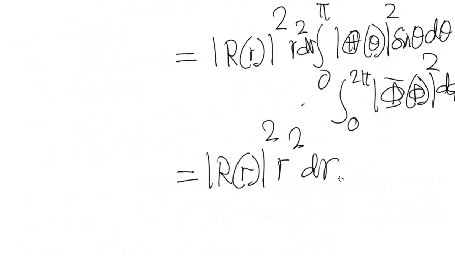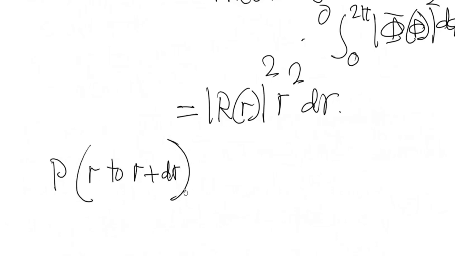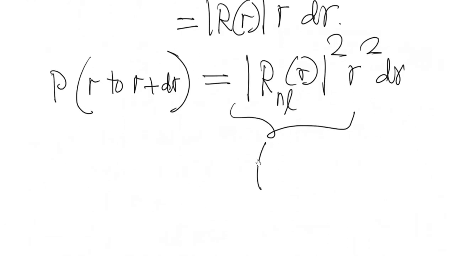If we put the subscripts, the quantum numbers, then we have the probability from r to r plus dr, which we can write as R n L of r modulus square r square dr, and this portion is known as the radial distribution function.